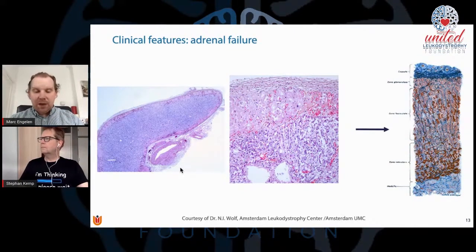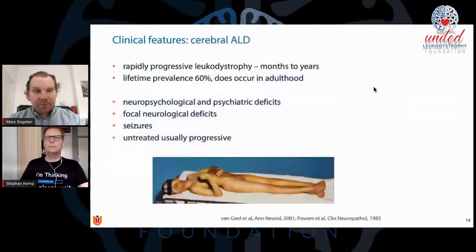The part that makes the hormones that are important for, for instance, salt retention, are generally also preserved. And only the one that makes the stress hormone, the hydrocortisone, is affected. So many people with adrenal failure due to ALD only need the hydrocortisone supplementation. And most people with adrenal failure due to other causes, like autoimmune Addison's disease, need both hormones. So that's just an interesting little fact. Can I have the next slide, please?